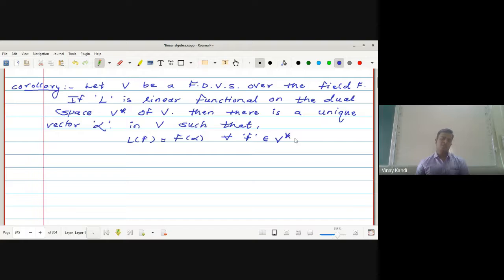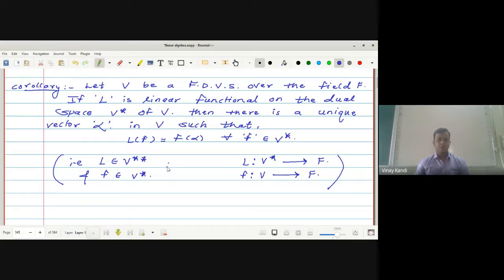Where is your function L? L is the linear functional from V star to F. Small f is the functional from V to capital F. That is, L belongs to V double star, the double dual of V, and small f belongs to V star.